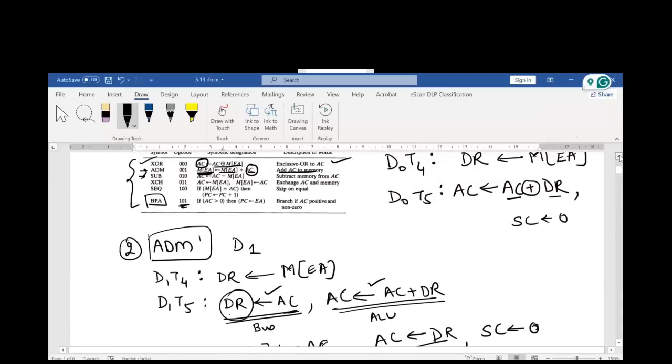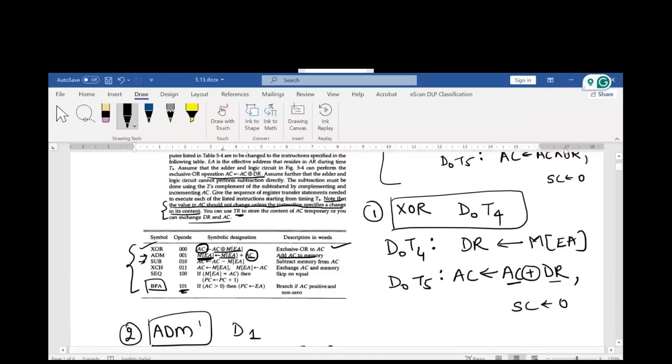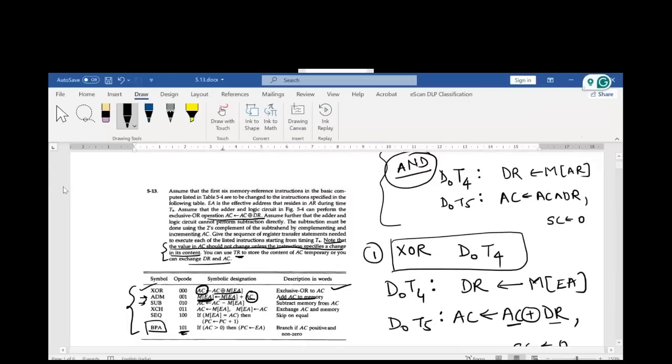We have studied in our lecture session previously AND, ADD, LDA, STA, BUN, BSA, ISZ. And we also studied how to write register transfer statements for these instructions. So total 7 plus 6, we have studied 13 different instructions.